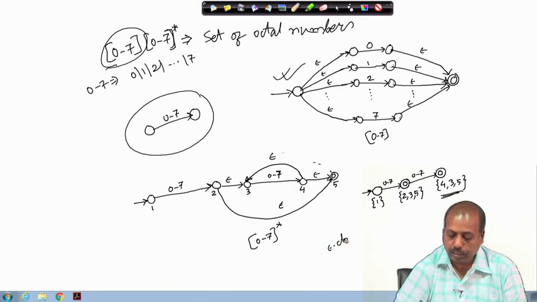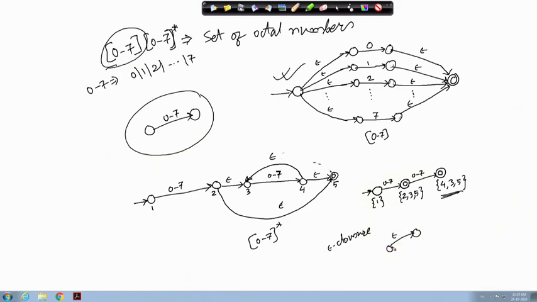So, this is the technical term. From one state, all the states that are reachable by epsilon transitions only. If this is a state, then from this state via epsilon transition I can reach all these states. So, all these states will come in the epsilon closure of this state. So, basically we are trying to compute that epsilon closure.